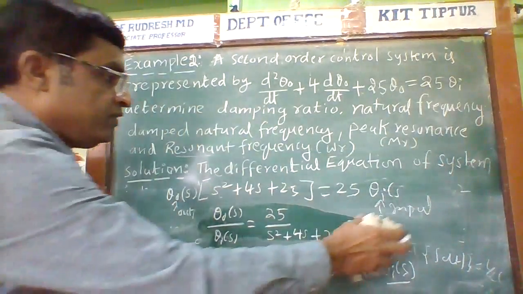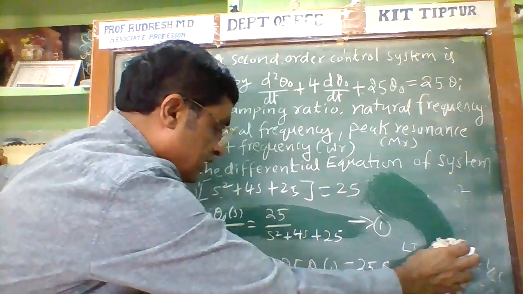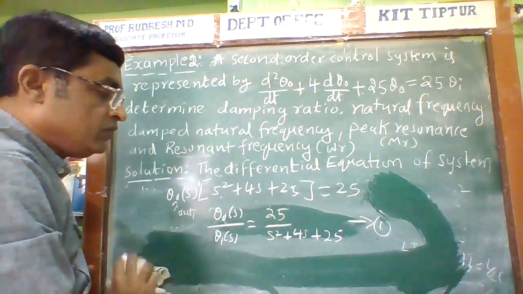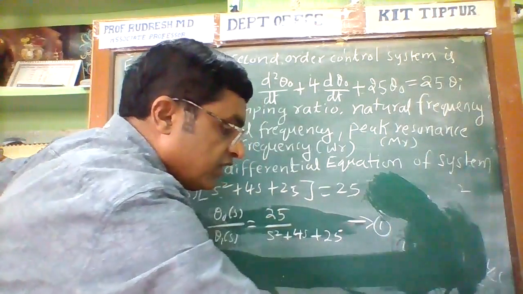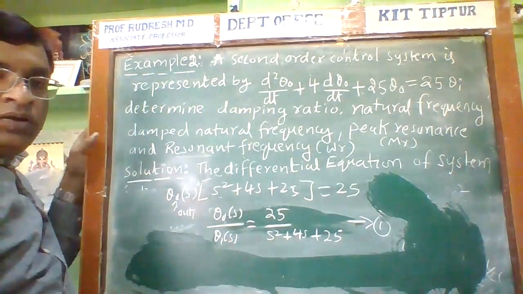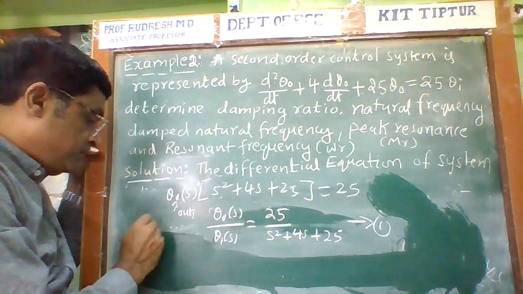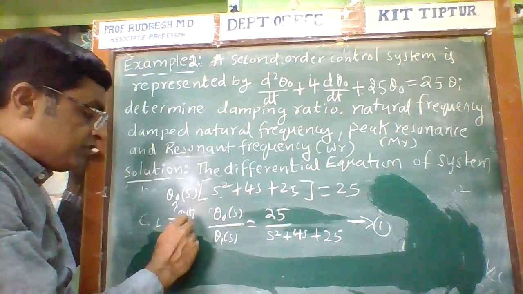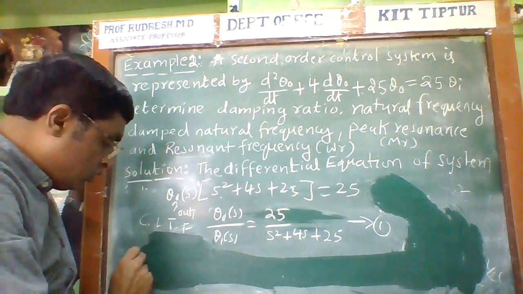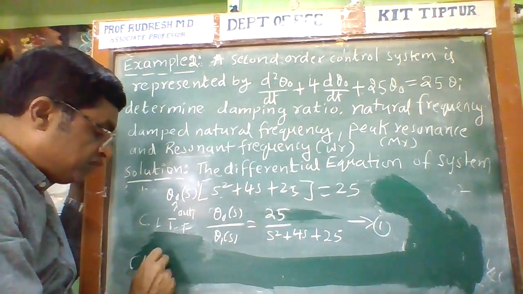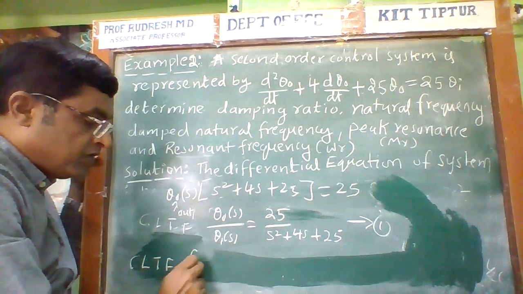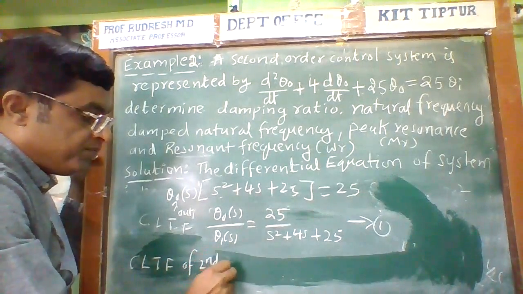Now compare this equation with the standard equation. Similarly, write down the standard closed loop transfer function of a second order system.